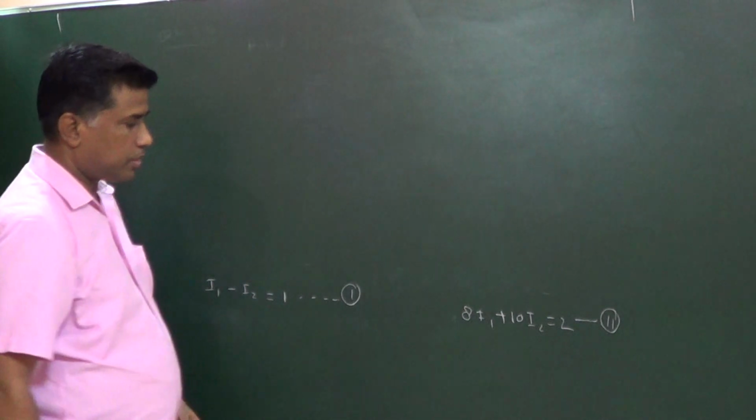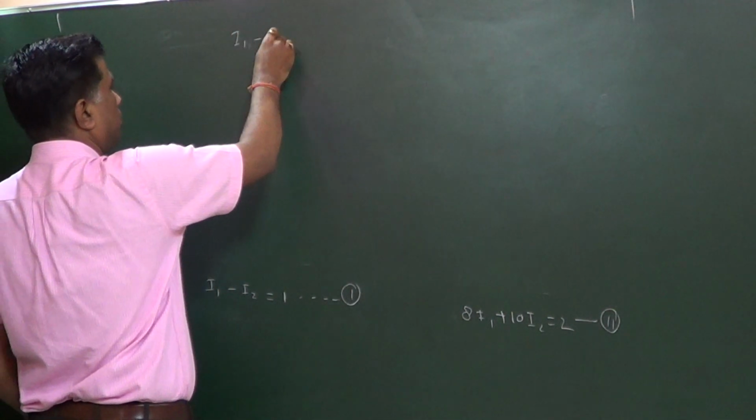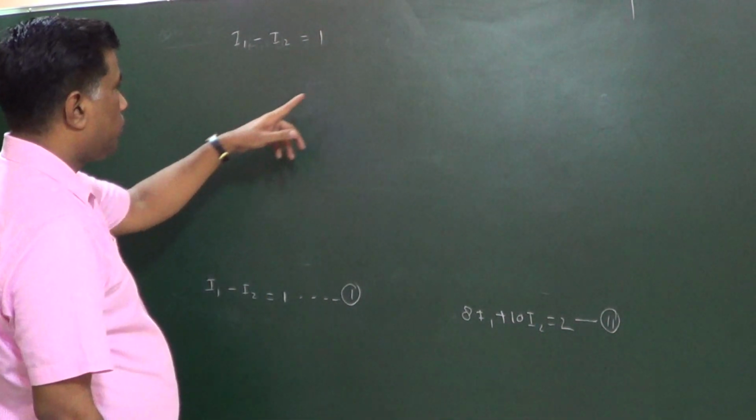So we have these two equations. First equation is I1 minus I2 equal to 1. This is equation number 1.